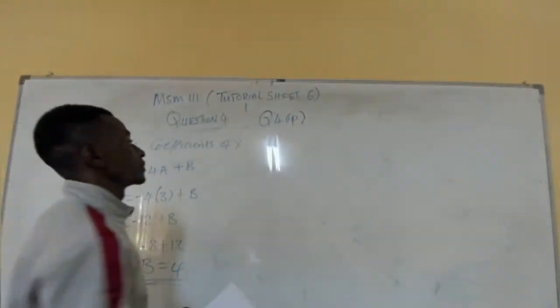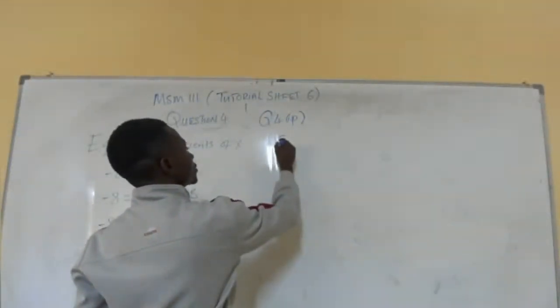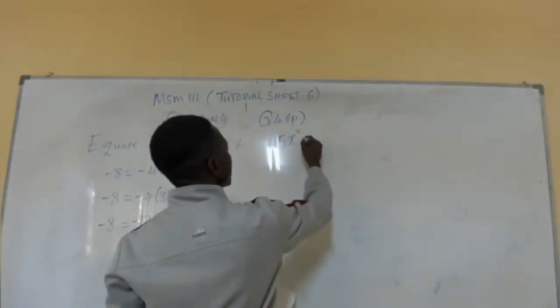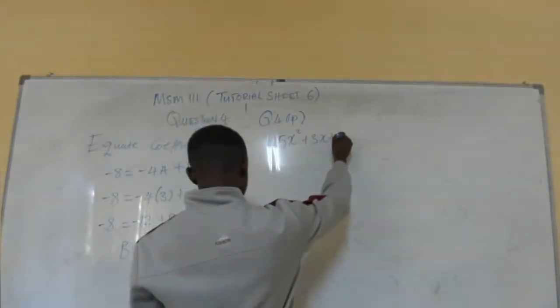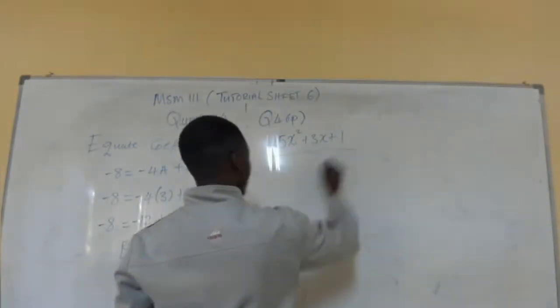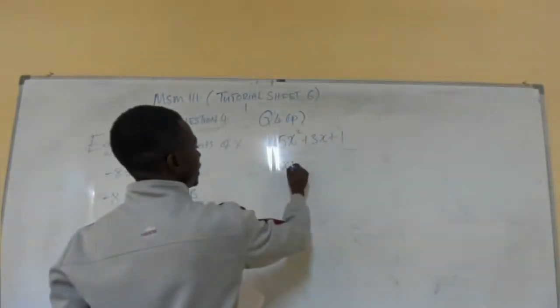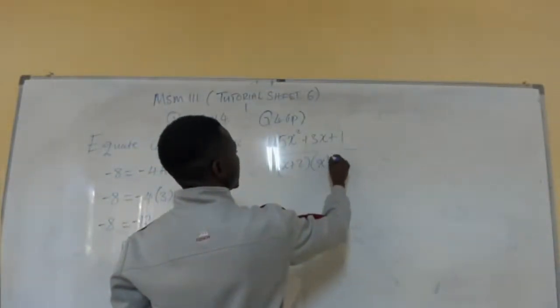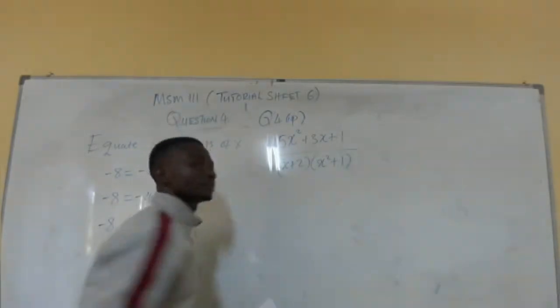Maybe 10 minutes. 10 minutes, okay. So question P, we have 5x squared plus 3x plus 1 over x plus 2 times x squared plus 1.